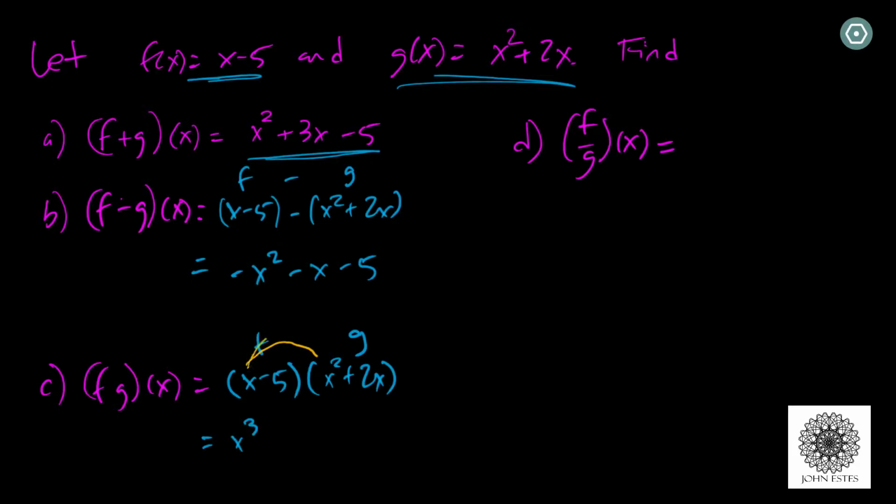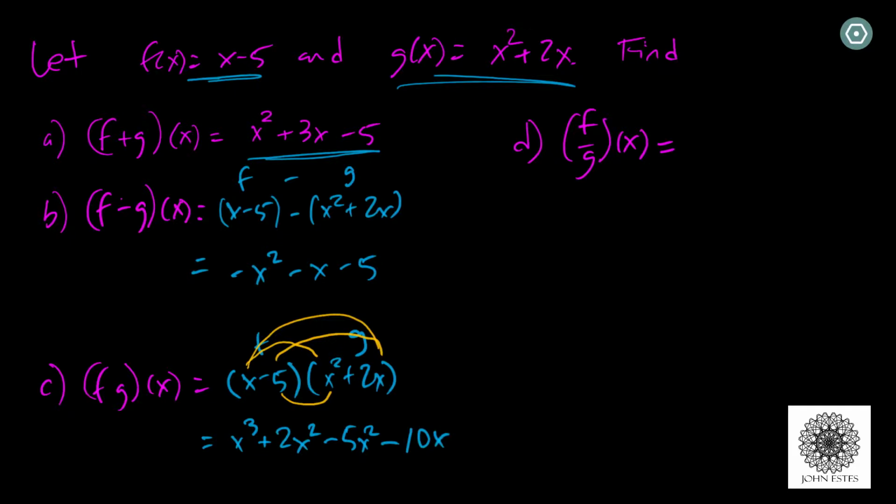The outside, so that's going to be an x times a 2x, which gives me a plus 2x squared. The inside here, which is the minus 5 times x squared, which gives me a negative 5x squared. And then the last terms, which is negative 5 times 2x, which gives me a negative 10x.